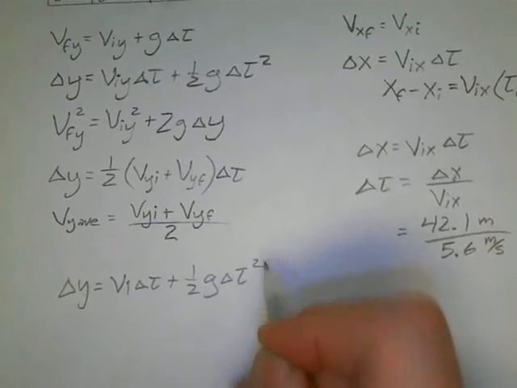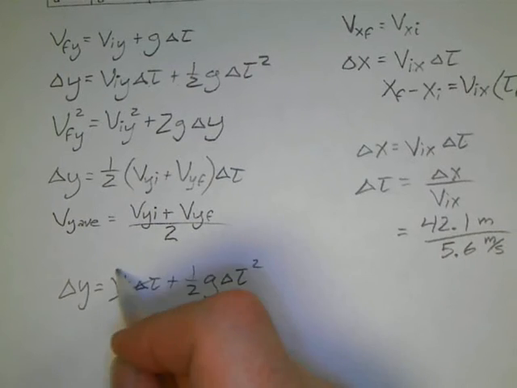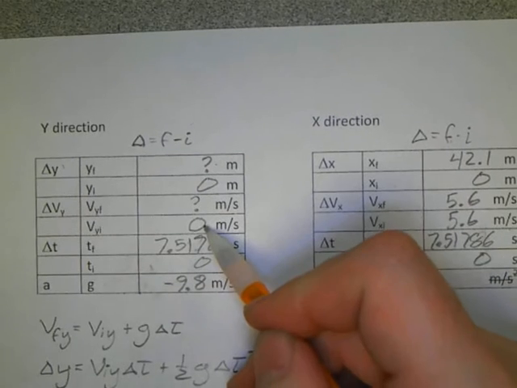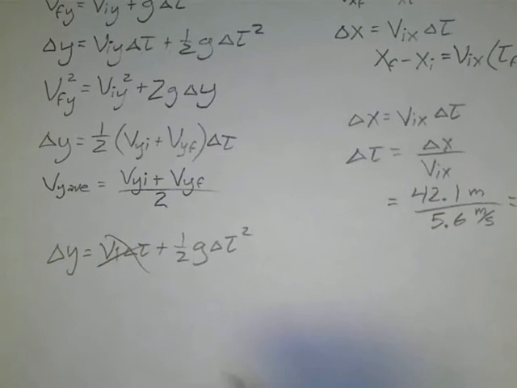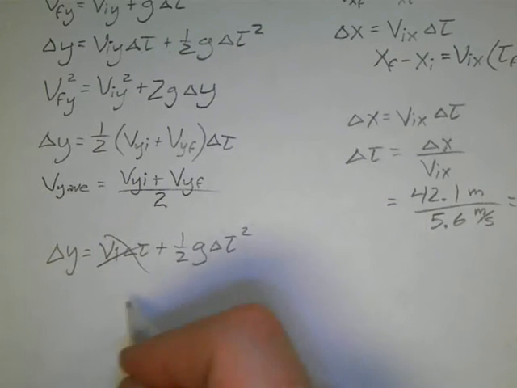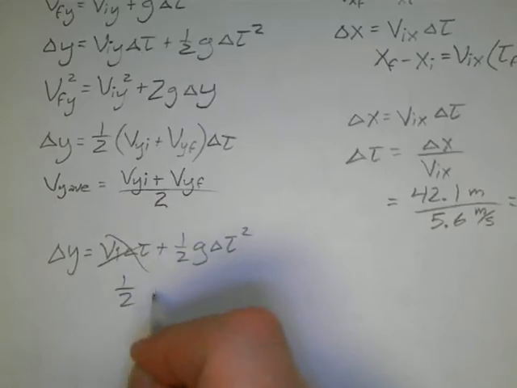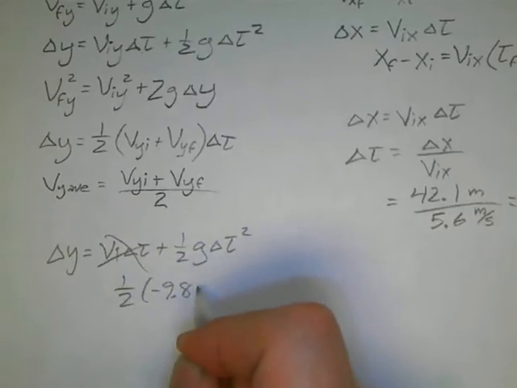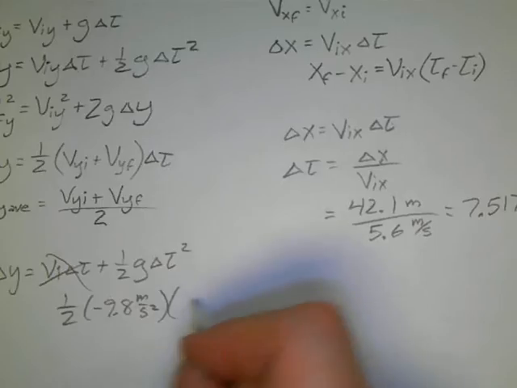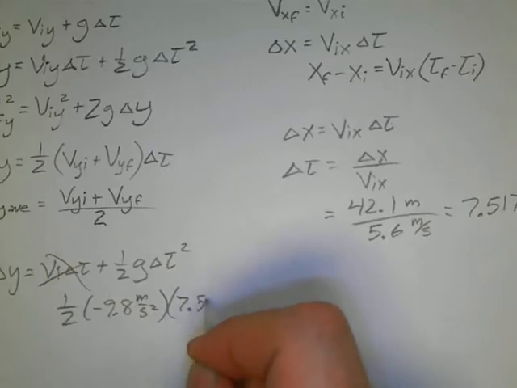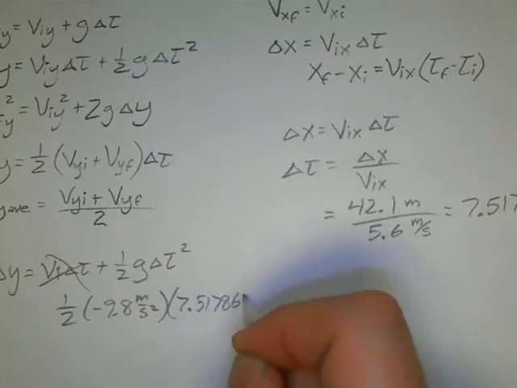This term goes away because my initial velocity in the y direction is 0. So I can just calculate using the second half, 1/2 of a negative 9.8 times the amount of time of 7.51786 seconds squared.